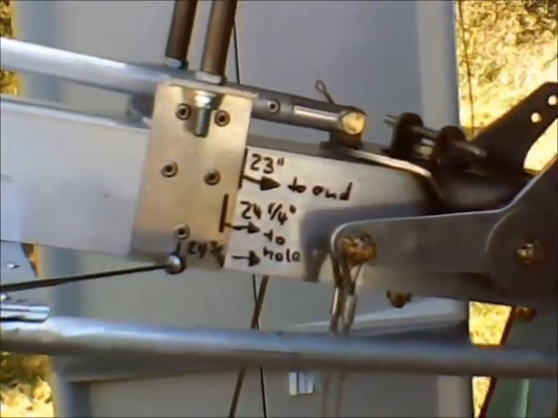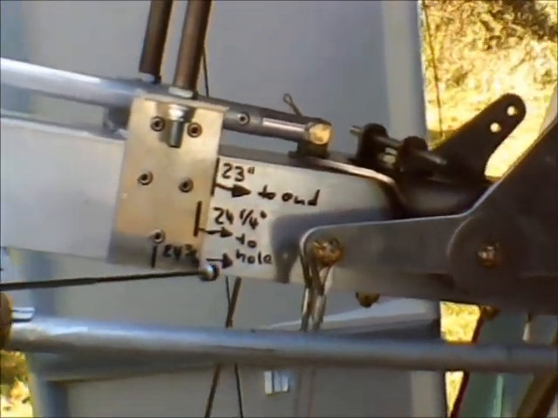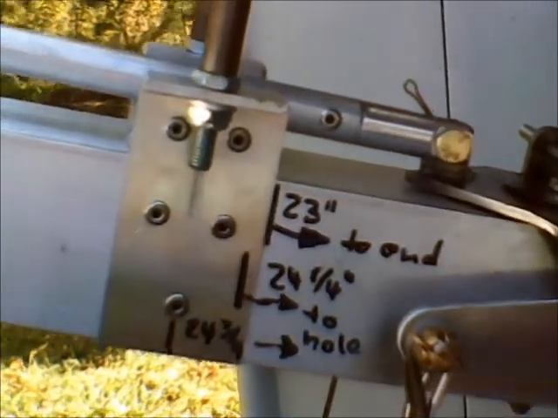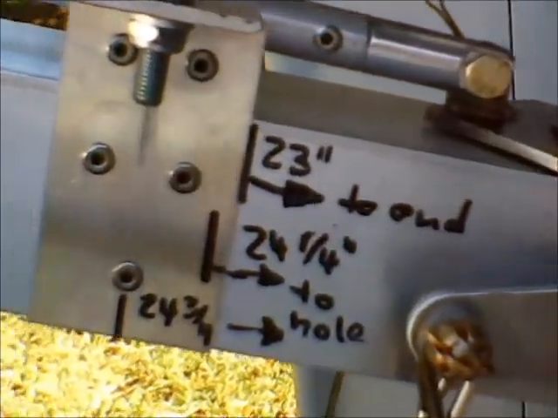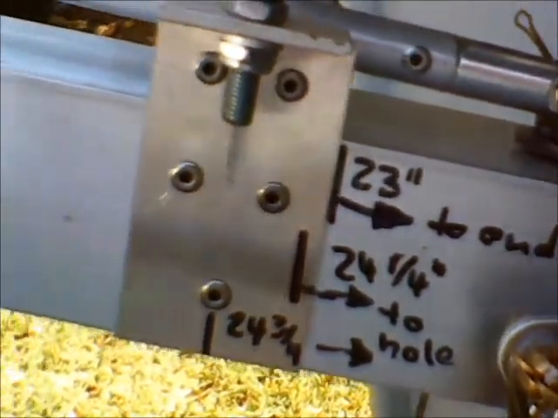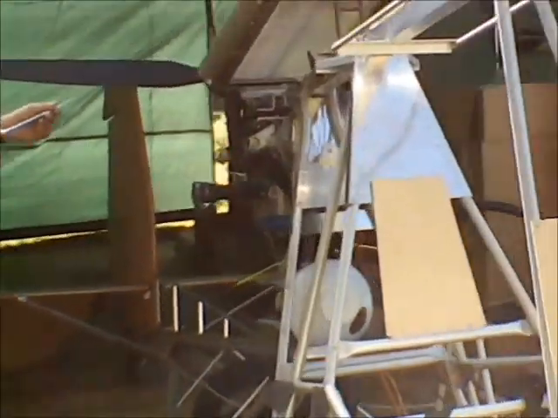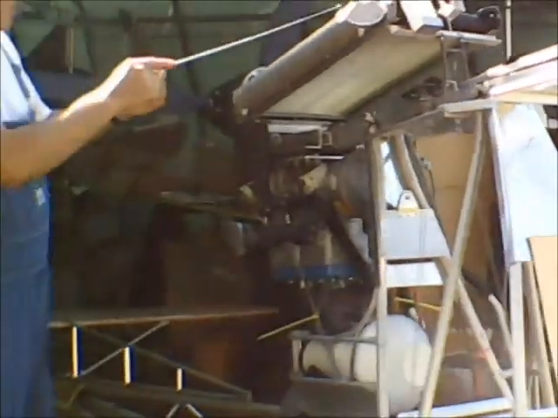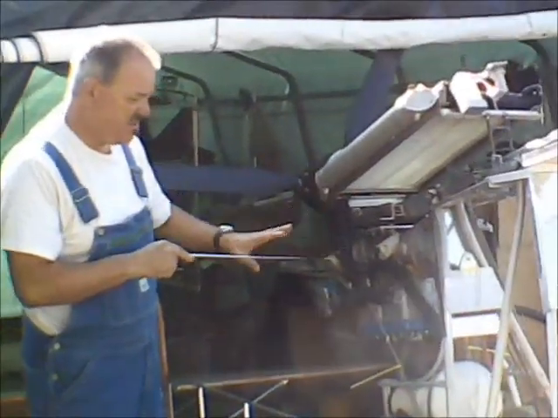The result is 24¾ inches from the end of the rear assembly. And how did I come up with that solution? We go to the other side of the plane, because here we can see more clearly how this radiator is set up, because the engine is not in our way here.